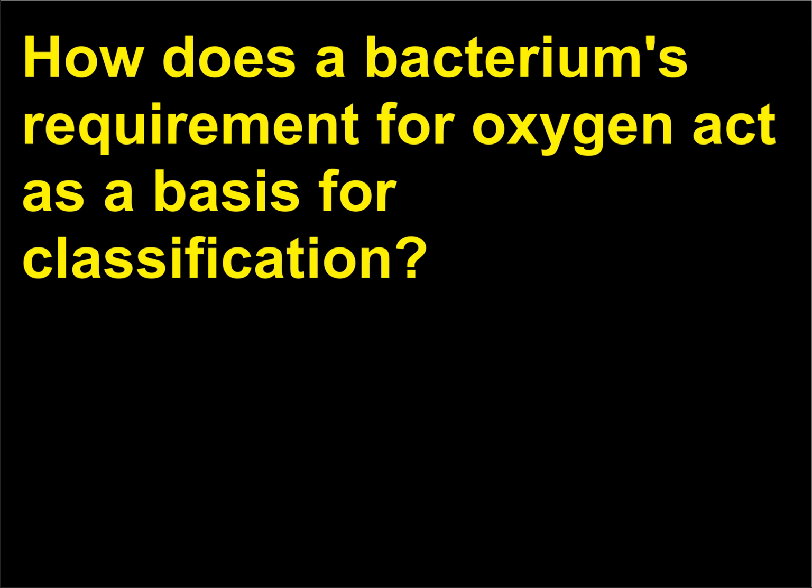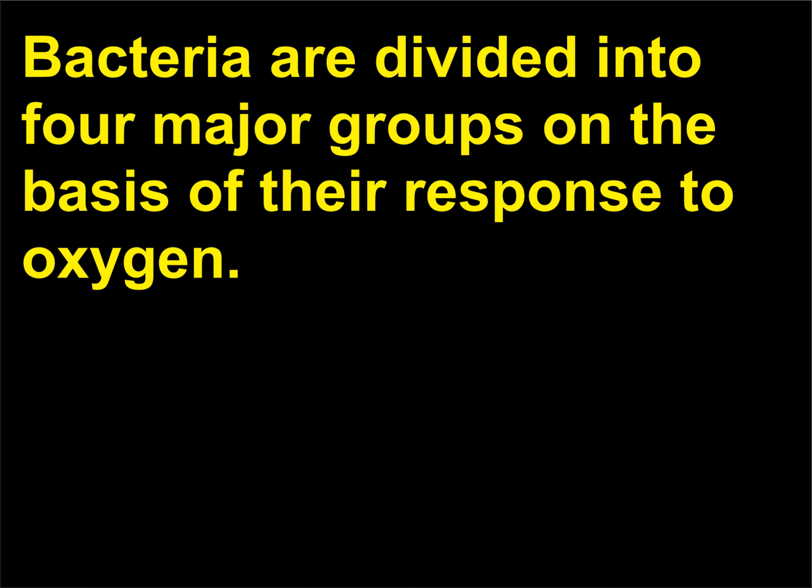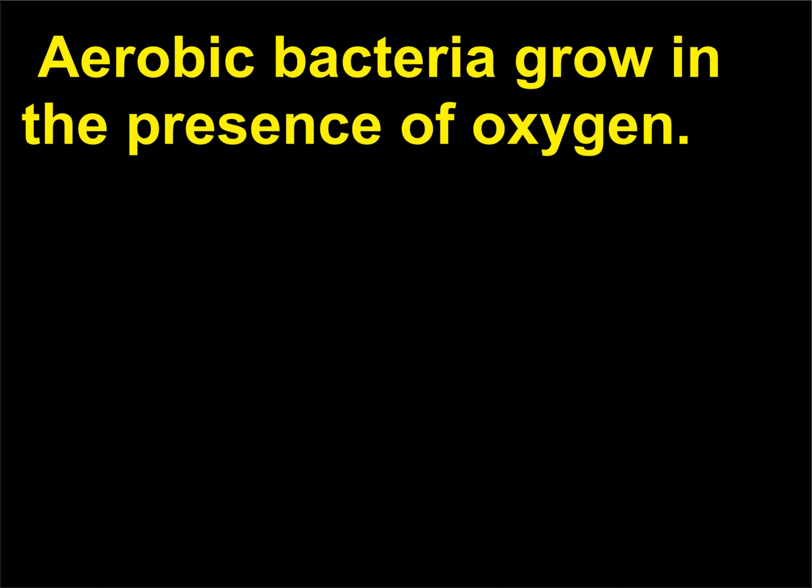How does a bacterium's requirement for oxygen act as a basis for classification? Bacteria are divided into 4 major groups on the basis of their response to oxygen. Aerobic bacteria grow in the presence of oxygen.